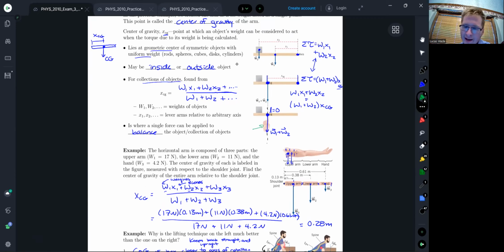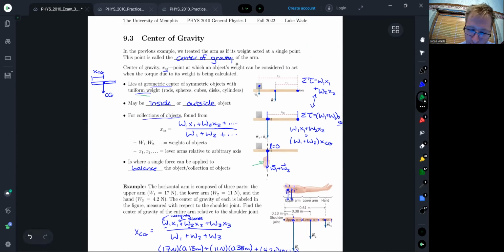And so you add up all those little bits of weight and the torques they produce, you end up having just as much torque on one side as the other. And so you can treat it as if all of that weight is acting through the center of gravity. So uniform means that the center of gravity, and therefore where you're calculating the torque is acting through, is the middle of the object. Okay.